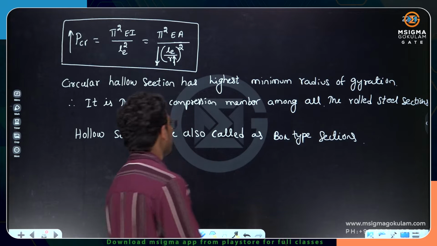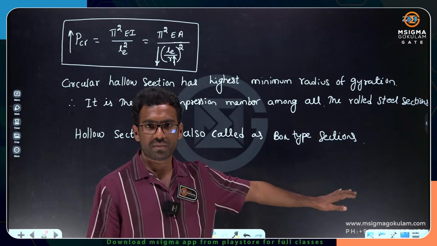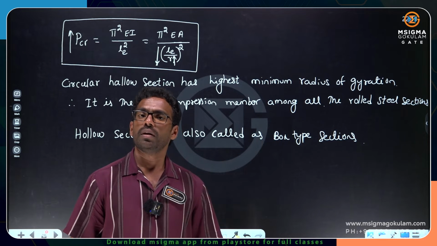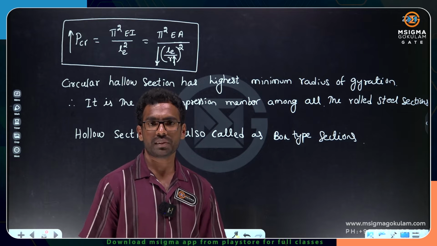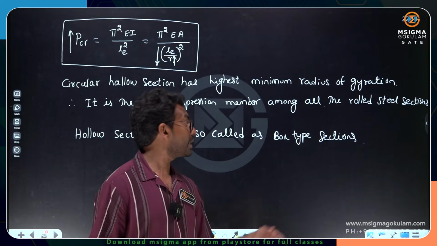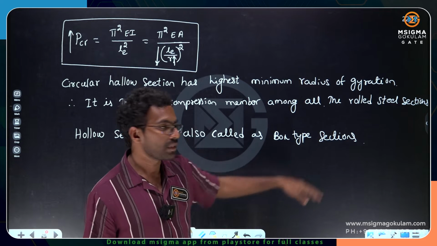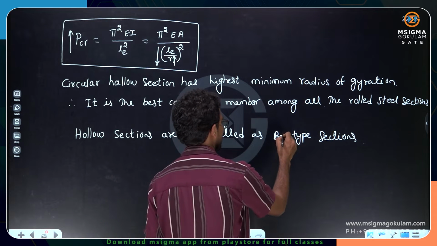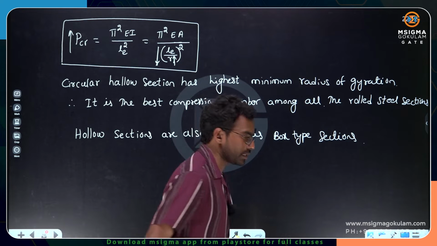This is also a question asked in exams: which of the following sections is most efficient in resisting torsion? The correct answer is the hollow section, but in some exams they give box type section, which is also the correct answer. I hope you understand this.